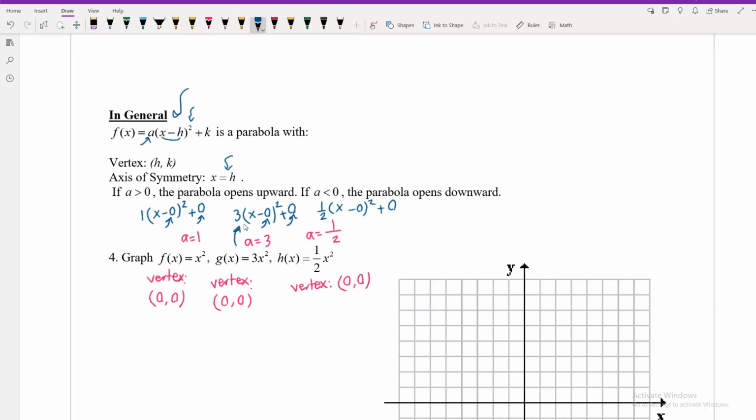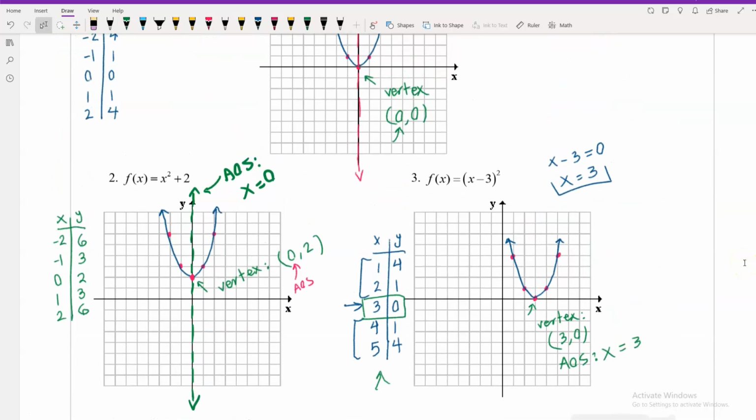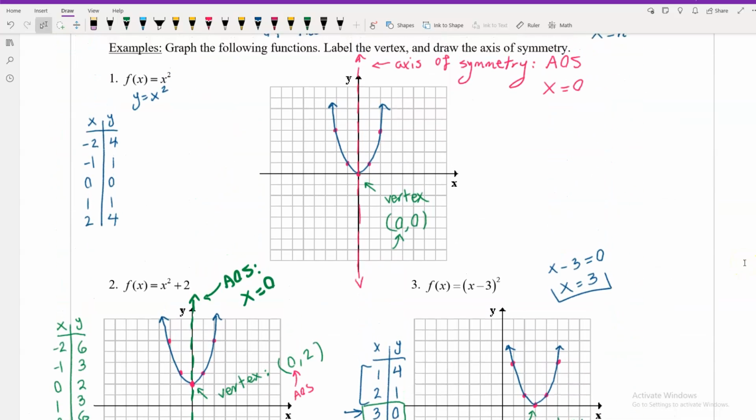So this is what we have here on this part, and that is the same for all these questions. So this is (x - 0)^2 plus 0. This is h, this is k. We had vertex (0, 0).